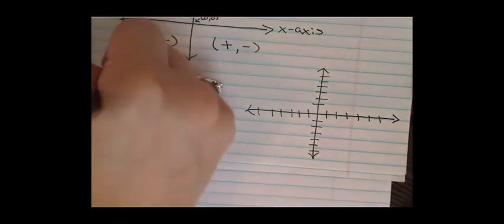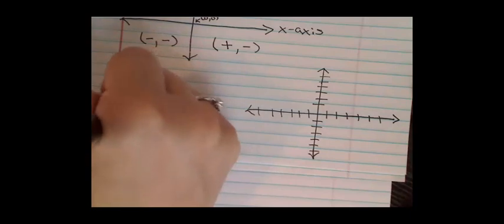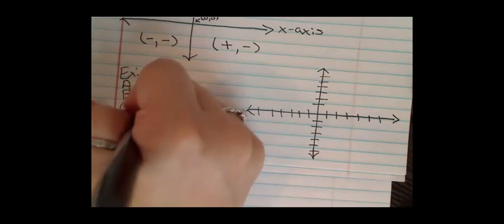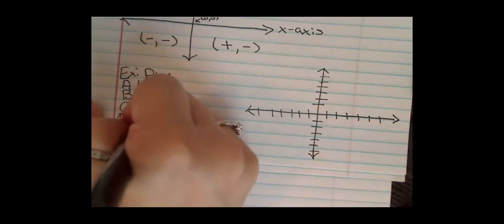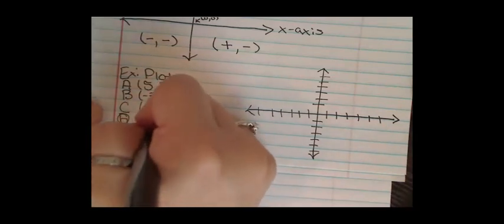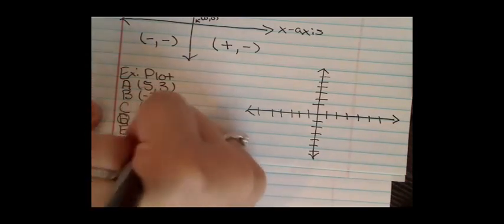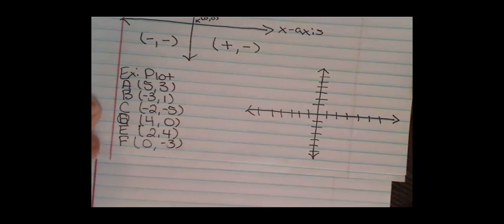Point A is (5, 3), B is (-3, 1), C is (-2, -5), D is (4, 0), E is (2, 4), and F, let's do (0, -3). A lot of your homework is going to be this, where you're just plotting some points. So we need to learn how to do that.